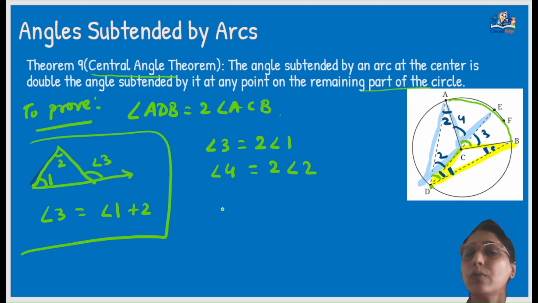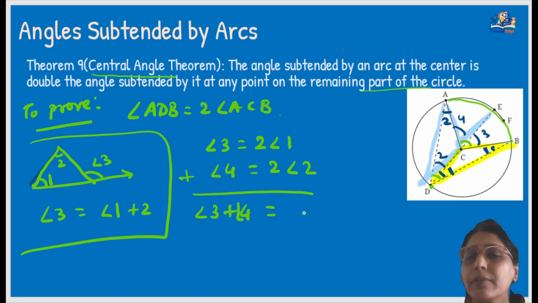All right, now I'll add these two results. If I add them, angle 3 plus angle 4 equals 2 times angle 1 plus angle 2. Now I'll replace this numbering by the naming of the angles.